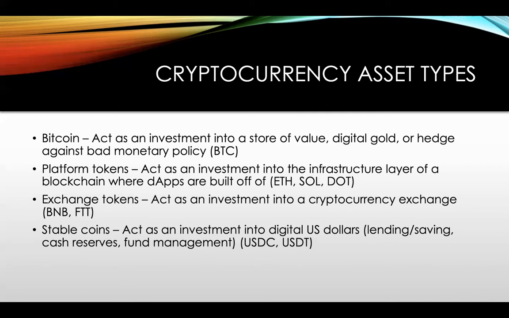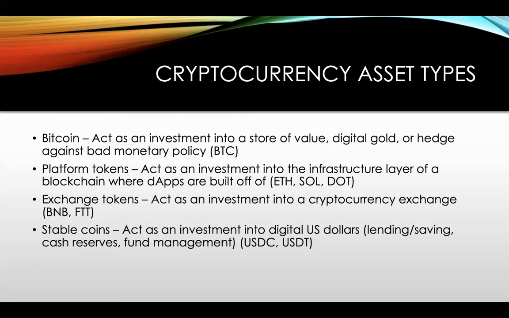So they're buying Bitcoin in hopes that Bitcoin's price will rise as the dollar value falls, causing their wealth to either increase or stay where it is. So they still have their purchasing power. And so that's kind of the idea behind Bitcoin: it's a store of value. It's not really what it was intended for initially, but that's what it's evolved into now. So that's an asset type you can invest in.